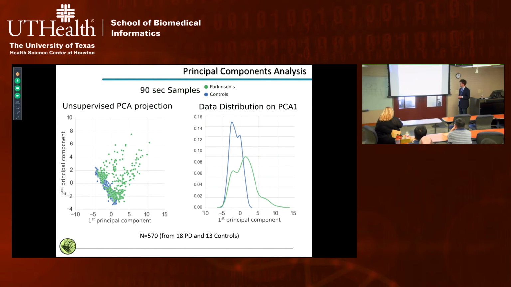And what was really nice is that even with this simple linear projection on 2 principal components, we could see that most of the time people were staying here, but sometimes there were these effects. They were getting out of the main mode of the distribution, and these were only the Parkinson's patients doing that. Again, each little point is worth 90 seconds of typing.